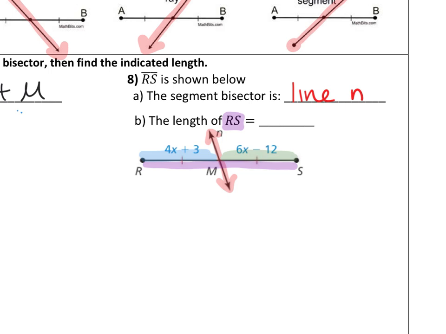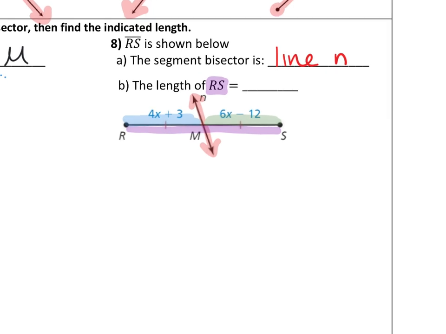Okay, I'll help you set this up, and then I'm going to let you do the algebra so you can practice. We would say that RM is equal to MS, or that 4x plus 3 is equal to 6x minus 12.